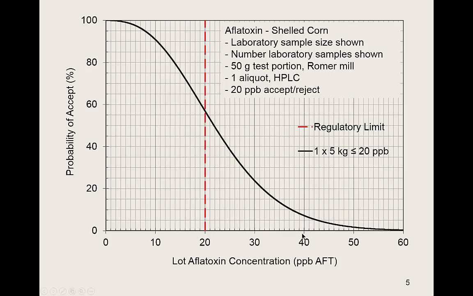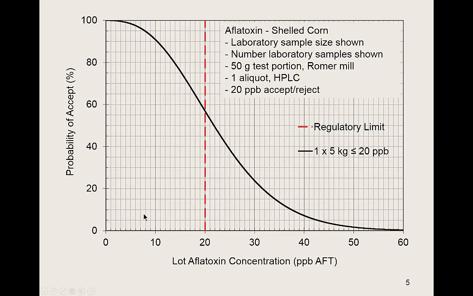We simply look at true lot concentrations. We go up to where the line crosses, and we can see how many lots, or the percentage of the lots at that concentration, will be accepted by this testing plan. So at 40 ppb, what is this?